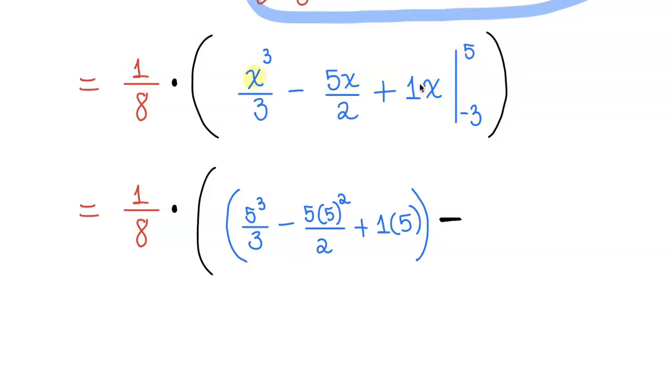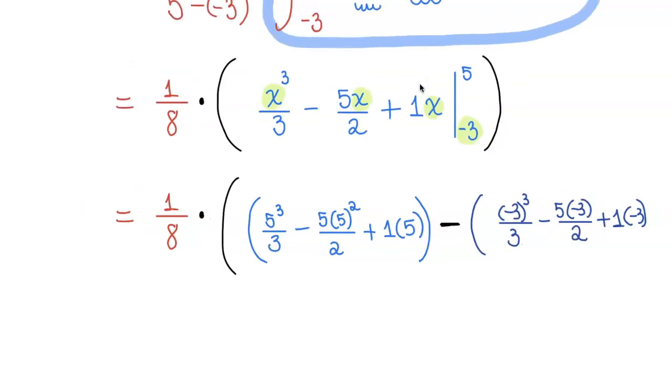I'm now going to plug in -3 into all of these x's. So that will give me -3 cubed over 3, minus 5 times negative 3 squared over 2, plus 1 times negative 3.